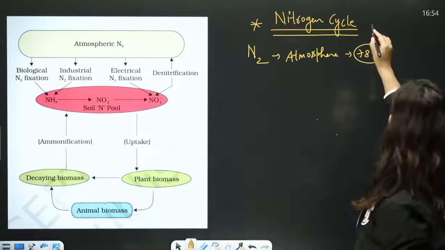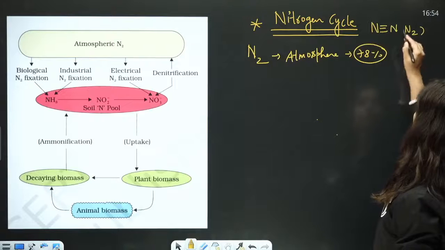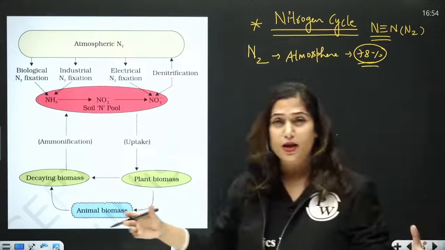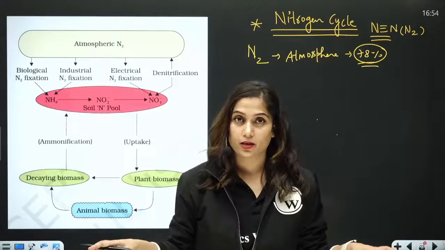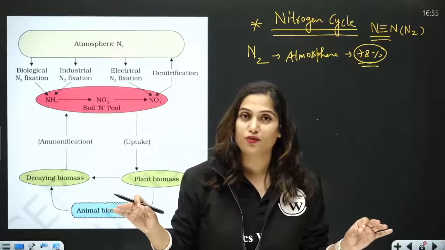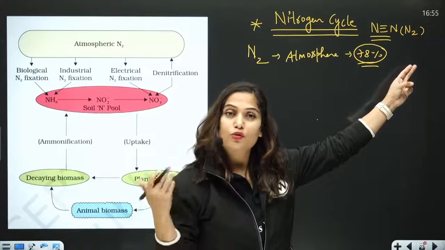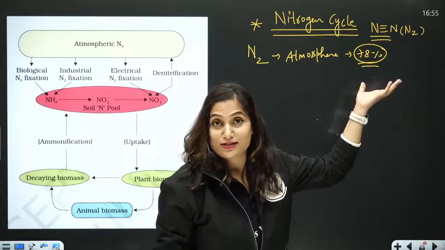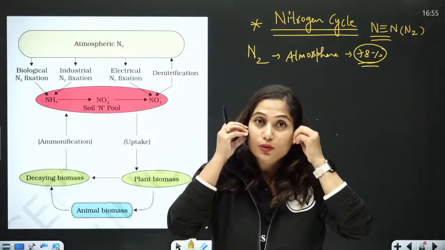But in the dinitrogen form, N triple bond N, it is of no use to plants. Why? Because plants cannot absorb nitrogen in the form of N2. It is 78%, but still of no use to the plant, right?